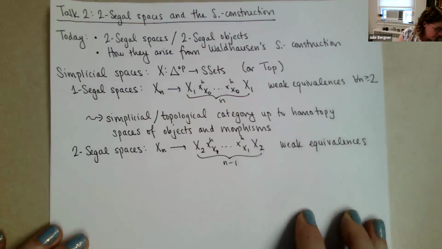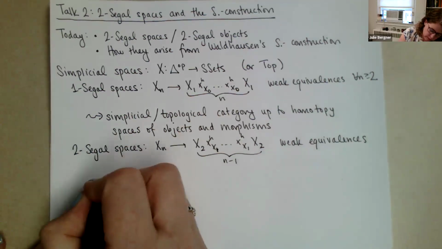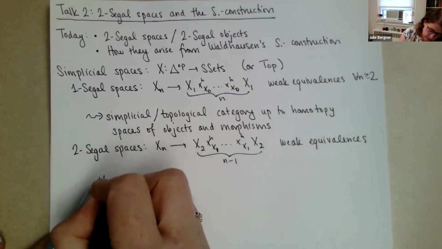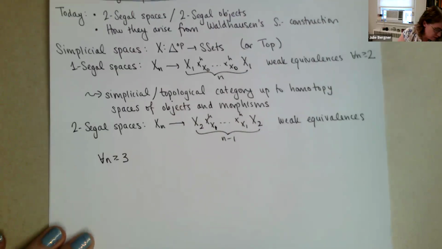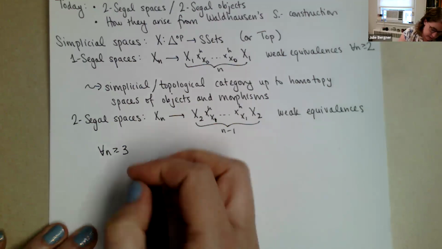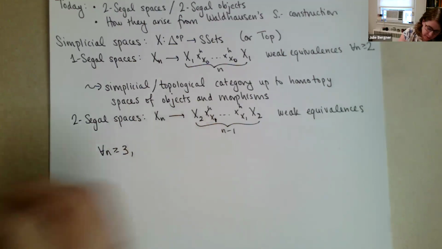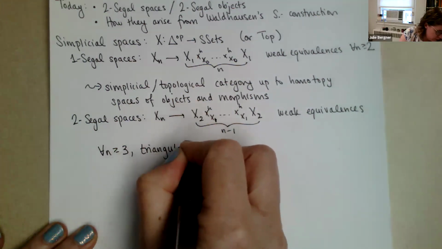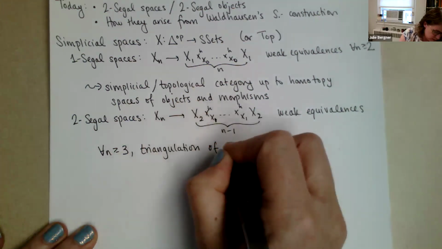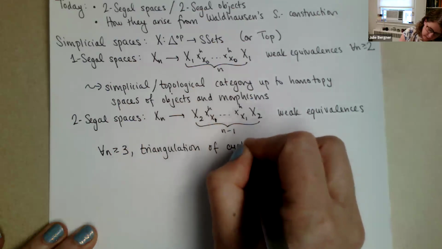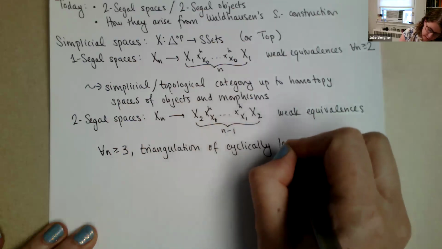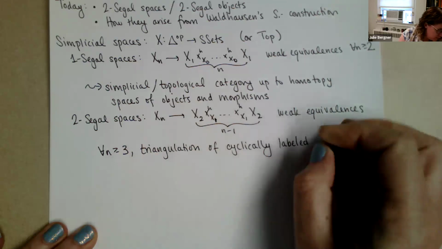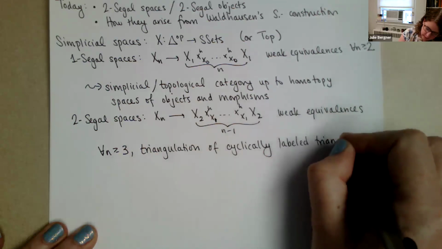And recall that we get one of these maps for every n at least 3. And there's multiple of them. They also correspond to cyclically labeled triangulations of a regular n-gon.